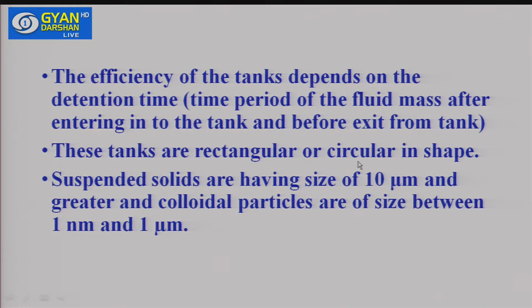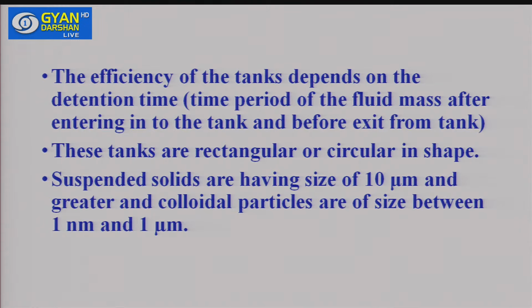These tanks are rectangular or circular in shape. Suspended solids have a size of 10 micrometer and greater, and the colloidal particles are of size between 1 nanometer and 1 micrometer. So there are two types of inorganic solid particles after screening: one is suspended particles, another is colloidal particles.